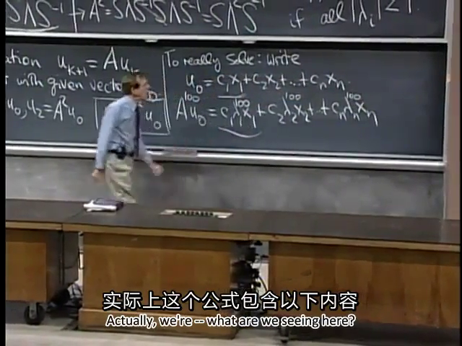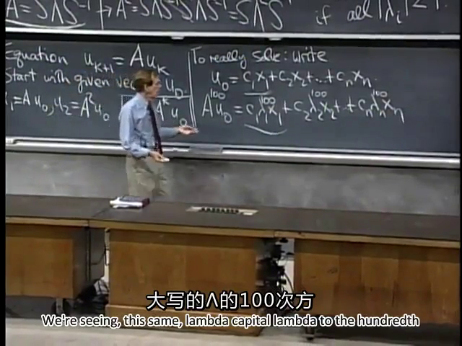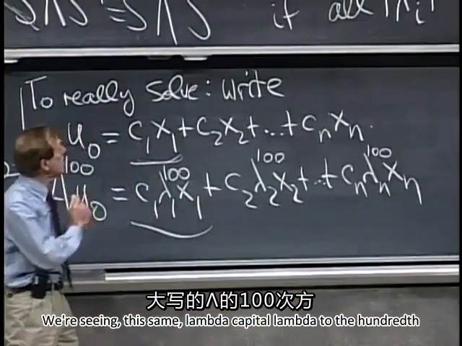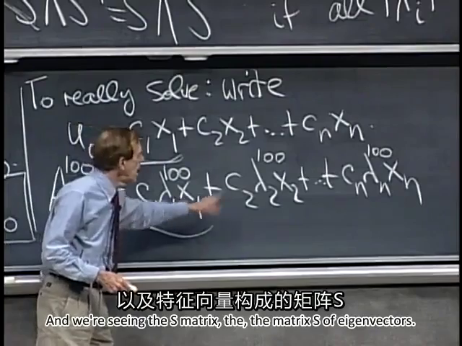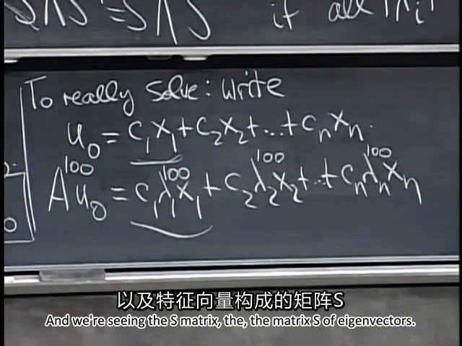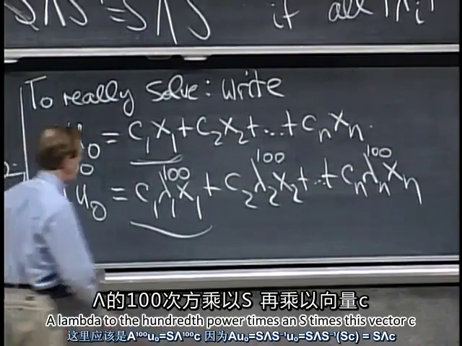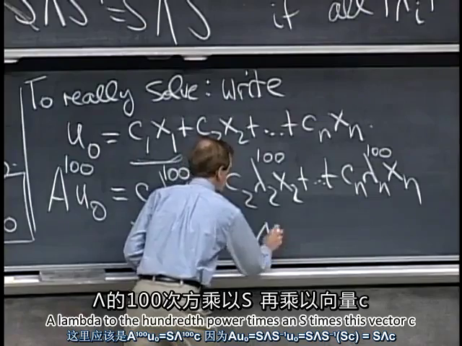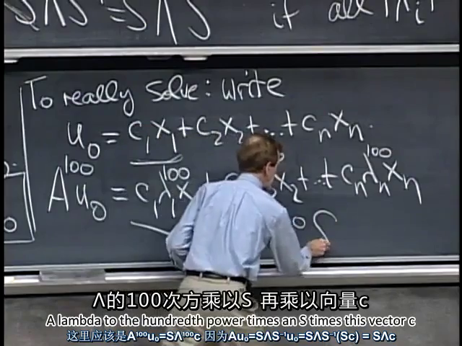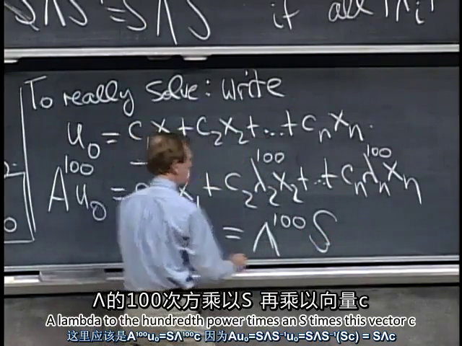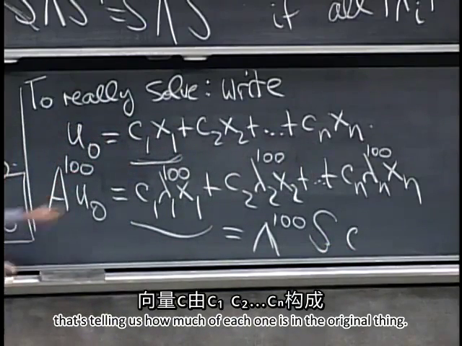Actually, what are we seeing here? We're seeing this same capital Lambda to the 100th, as in the diagonalization, and we're seeing the matrix S of eigenvectors. That's what this has got to amount to: S times Lambda to the 100th power times this vector C that's telling us how much of each one is in the original thing.